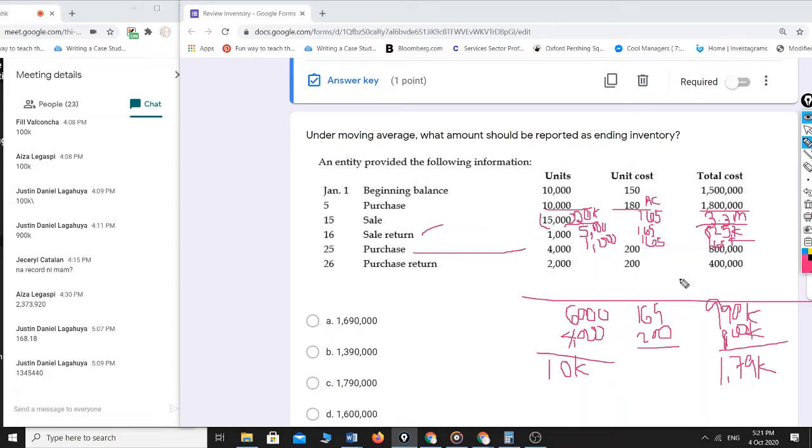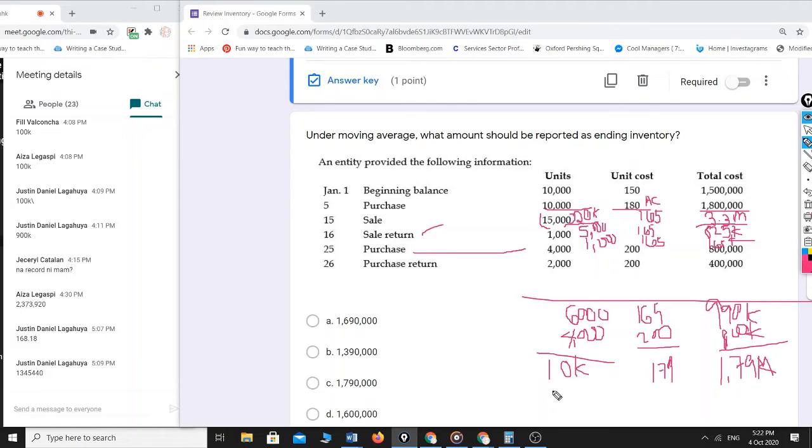So you need to update our average cost. The average cost update is total cost divided by the updated number of units. So 1,790,000 divided by 10,000. Our new average cost as of January 25 is 179 pesos.